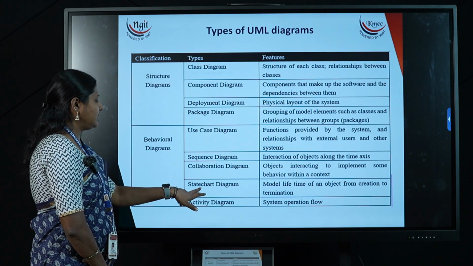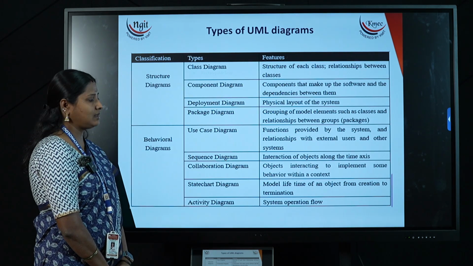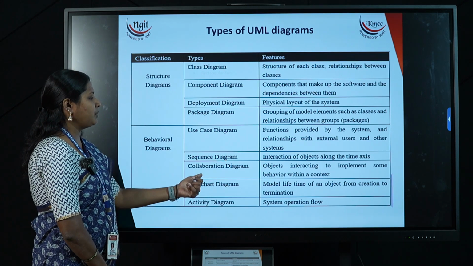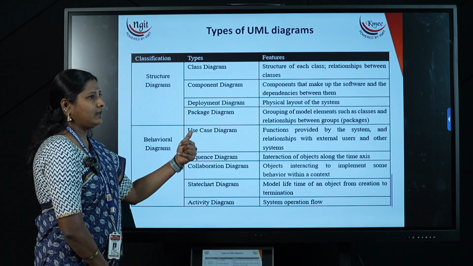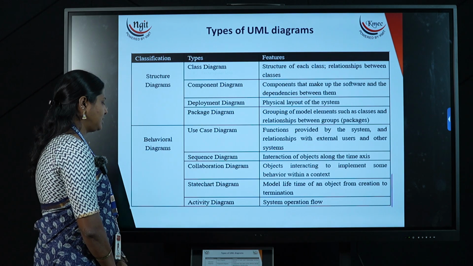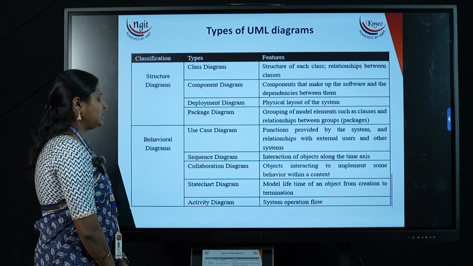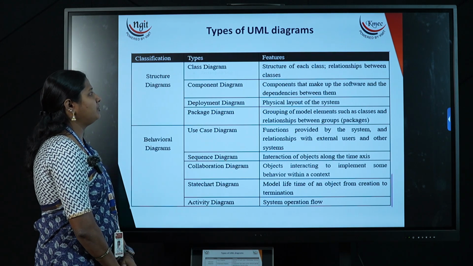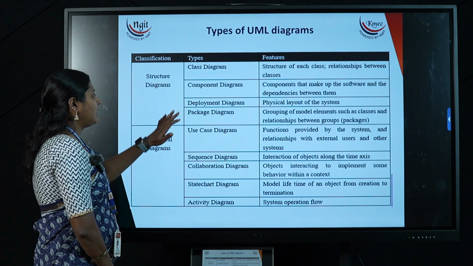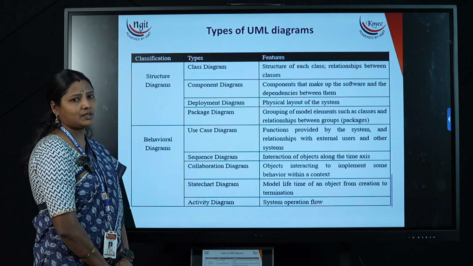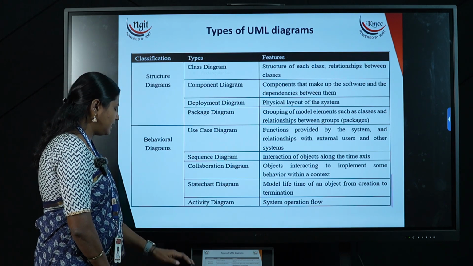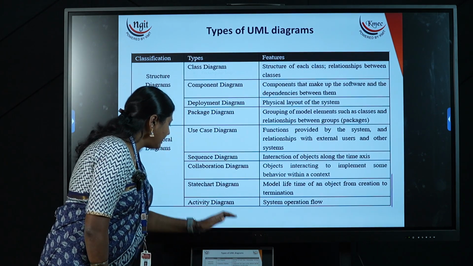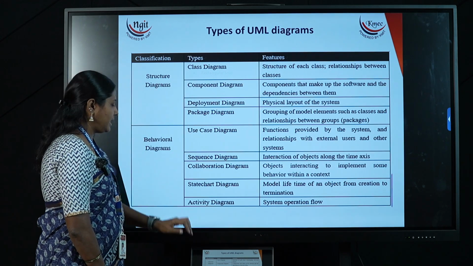Generally, it is just like a flow chart, representing the overall timeline from creation to termination. The activity diagram represents the system operations flow. All these are the various types of UML models: 4 under the structural diagrams and 5 under the behavioral diagrams. Especially, we are going to talk about the class diagram.